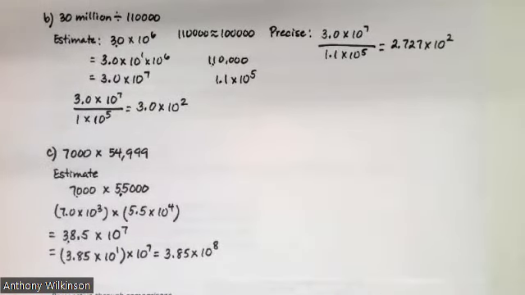Now you could have just multiplied 7,000 times 55,000 out completely and then take that number and convert it to scientific notation. You'll end up with this 3.85 times 10 to the 8. Okay.